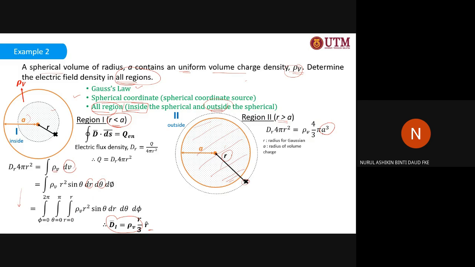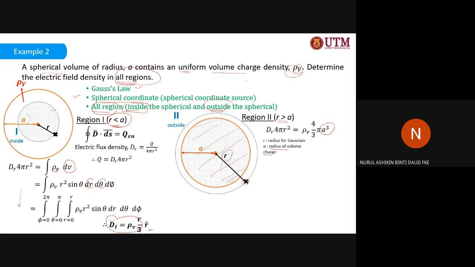Why a cubed? a cubed is now the radius of the volume charge. a cubed will be the limit of flux contained inside this shape. Because the flux is only located within this sphere shape, right? So it should not be r squared anymore. Sorry, it should not be r, but it should be a cubed.